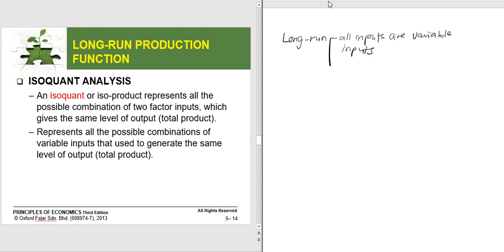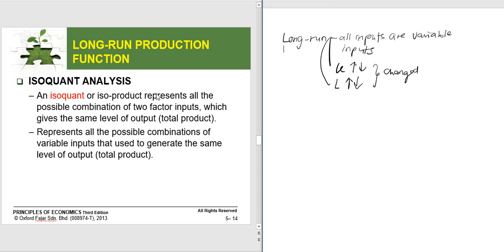So the number of capital, machineries or equipment, which was fixed in the short run, can either increase or decrease in the long run. The producer can increase or decrease the number of capital in their production, as well as the number of labor. Labor is an example of a variable input, so labor can also increase or decrease. Both inputs can be changed.